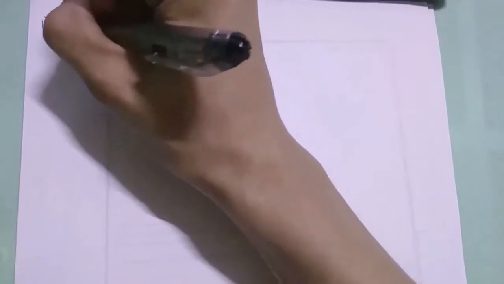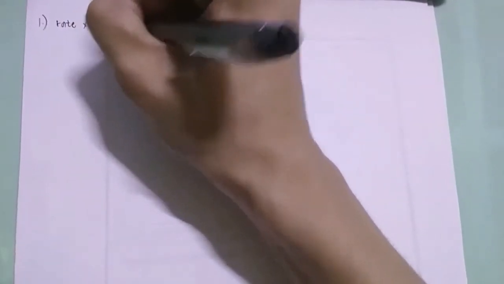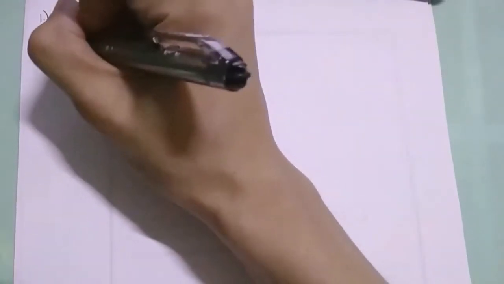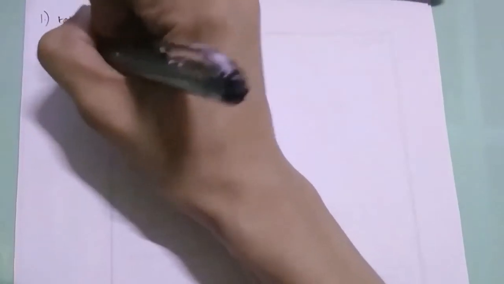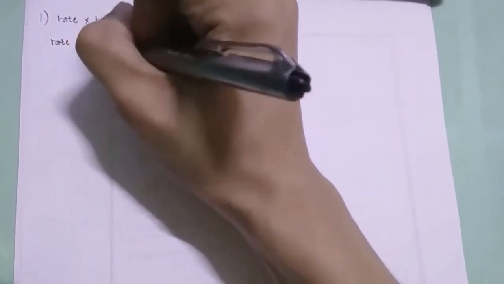For number 1, it is all about a work problem under Algebra. We have a formula for work problem: rate times time is equal to 1 complete job. So getting the rate, just derive the formula. Rate is equal to 1 over time.